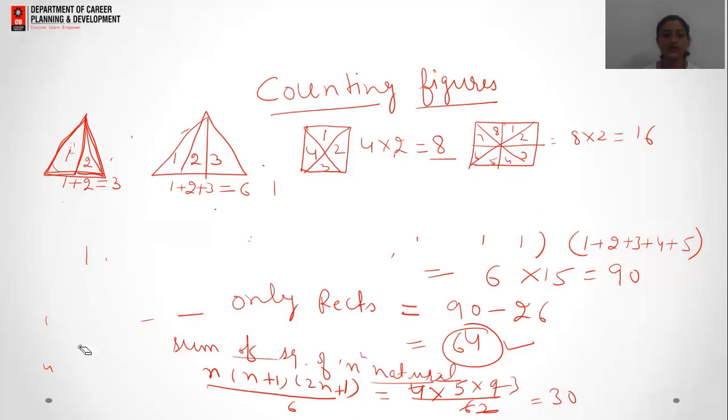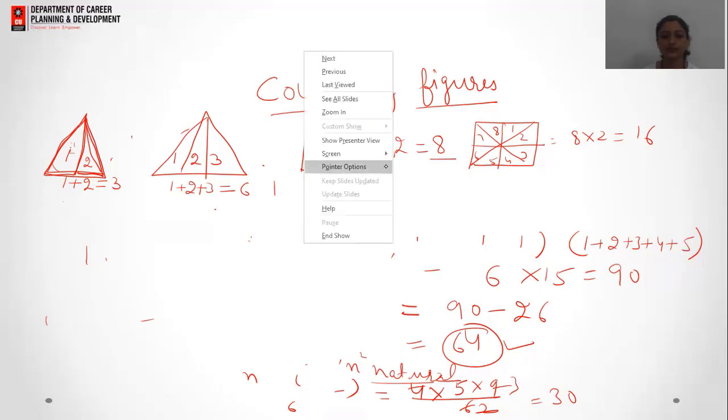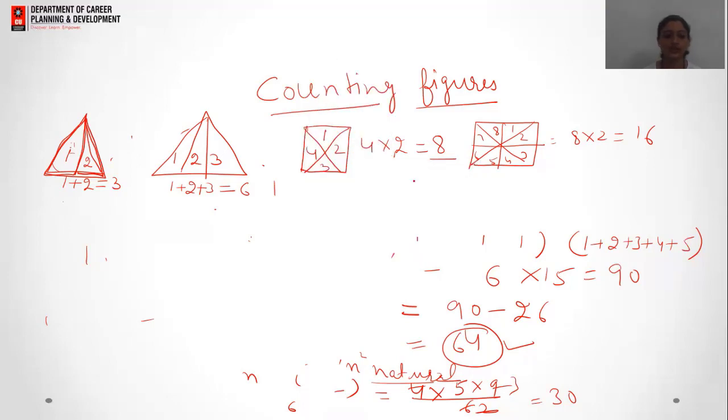Right? Now we will discuss some more cases related to the number of triangles, how you can find the number of triangles in the given figure. Let's suppose we take the next case, this one.